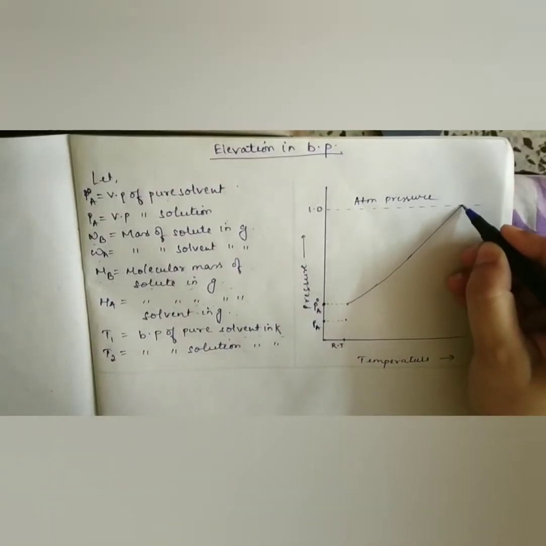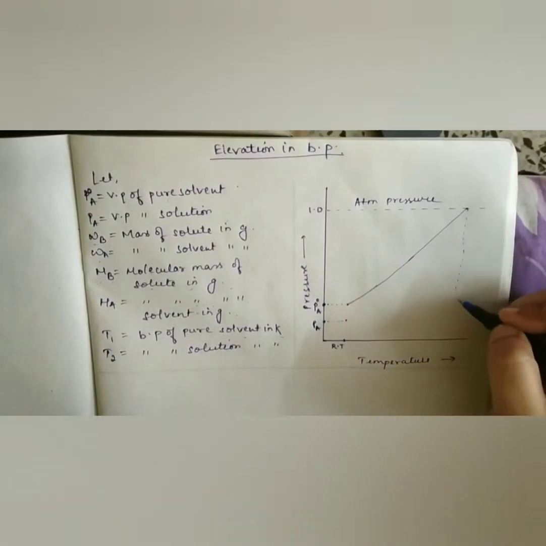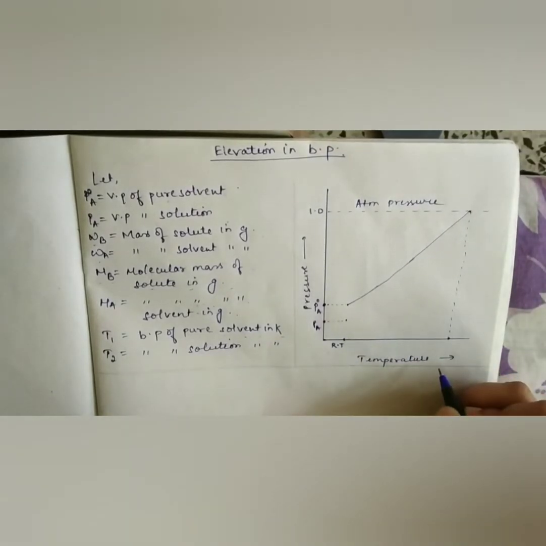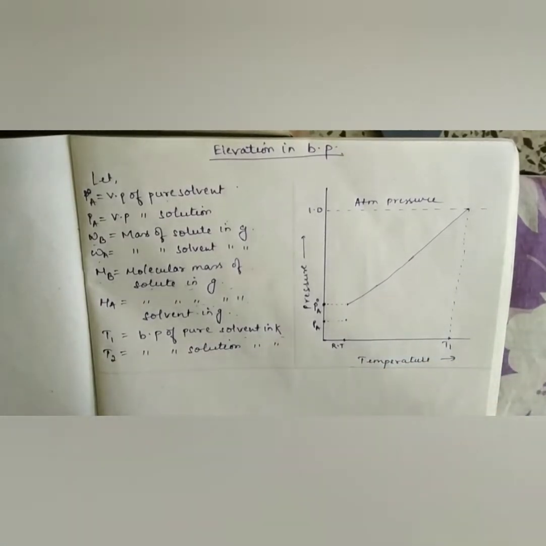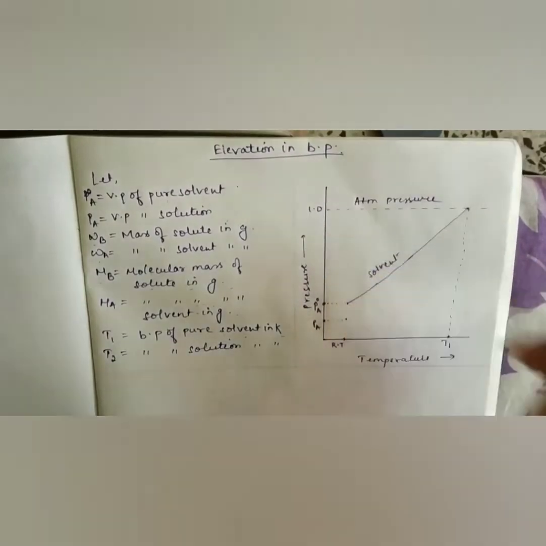So at this temperature, we say that the liquid is boiling. So this is termed as the boiling point of the pure solvent, which we are taking as T1. So this is for the solvent.